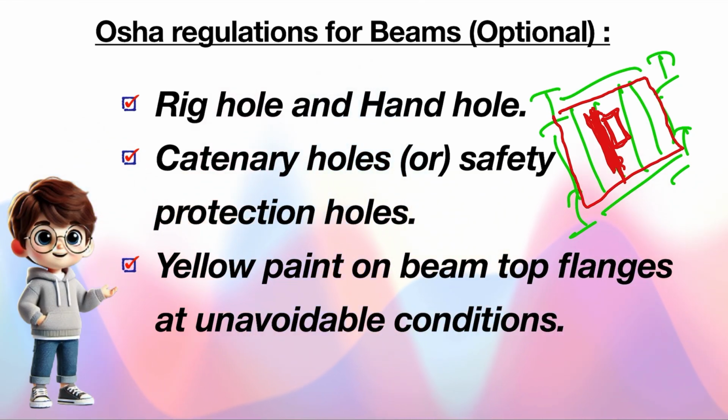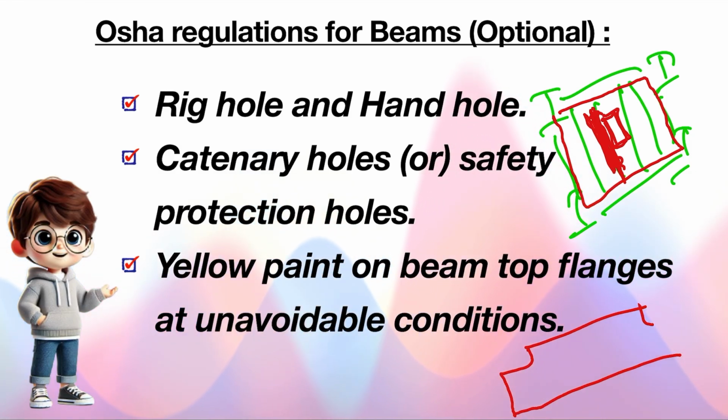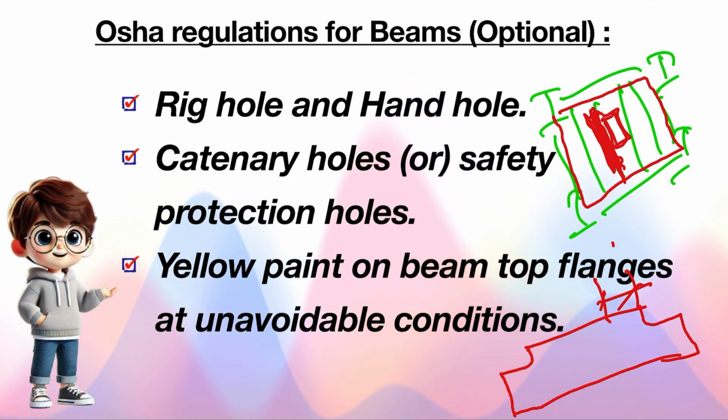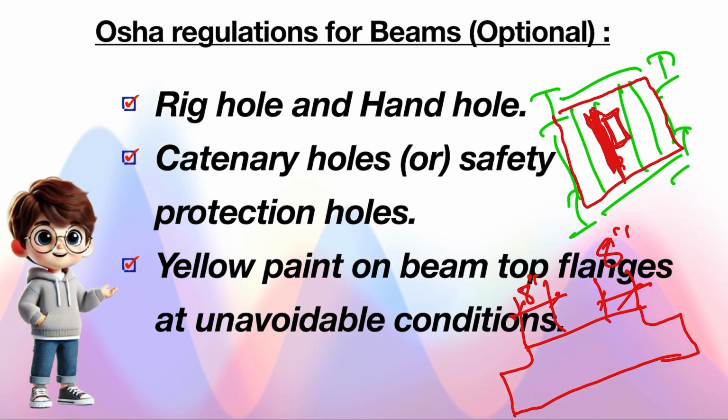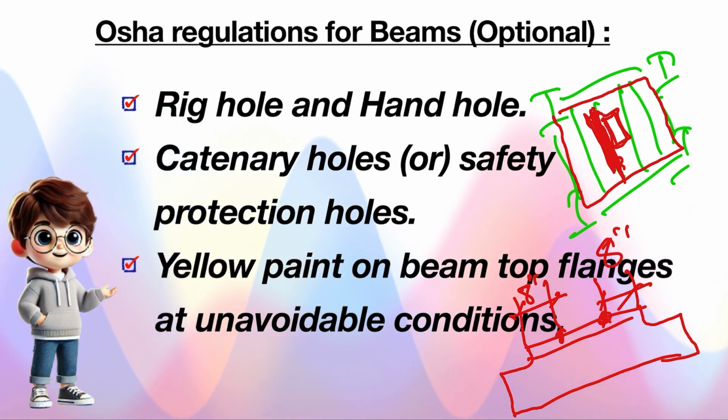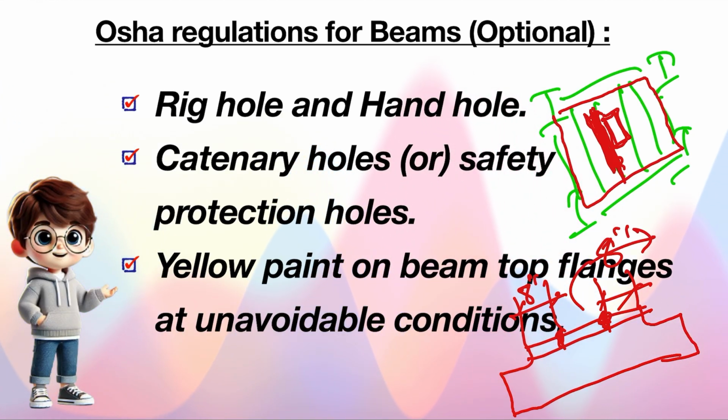So in that condition, if this beam is there, usually from the beam top flange at 8 inch, we will provide holes of 13 by 16 on the beam top flange. We call these holes catenary holes.